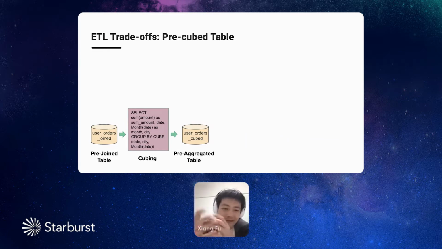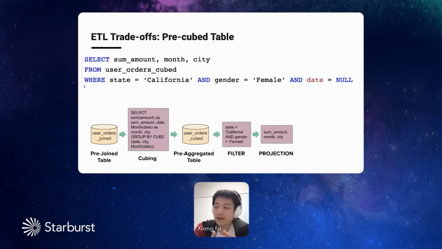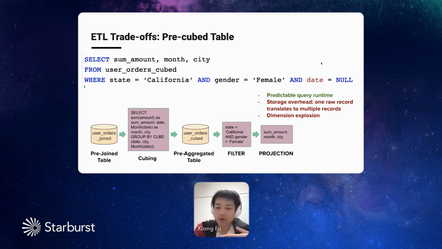This is the most familiar solution for OLAP users. Basically, cubing is a solution to achieve constant query latency, where users can pre-compute all the metrics they are interested in, based on all the dimension combinations they want. So for any query that comes in, it will always be an exact one-row match in order to answer this question.